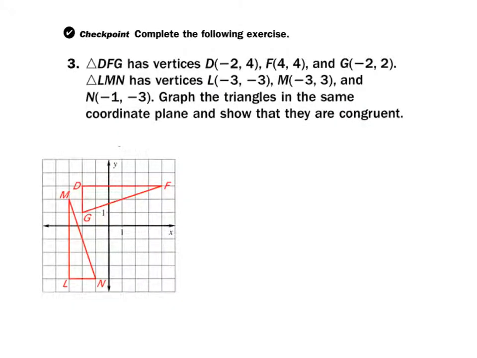Here is another example, DFG. Again, all 3 coordinates are given. And L, M, N, the 3 sets of coordinates are given for the vertices as well. You can use the exact same approach, or even better, try to use the distance formula and calculate the distance of each line.